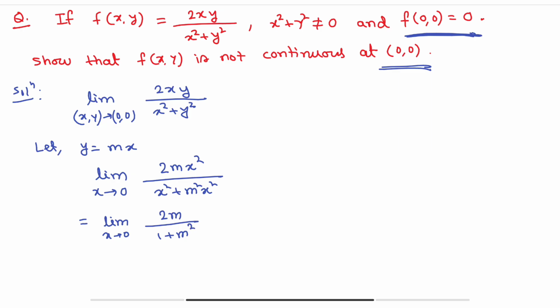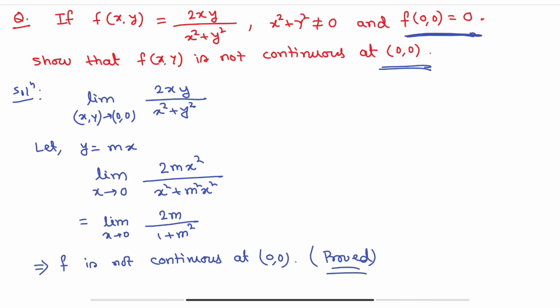Here we can say that the limit does not exist, so obviously the function will not be continuous. So we can say that f is not continuous at (0, 0), hence proved.